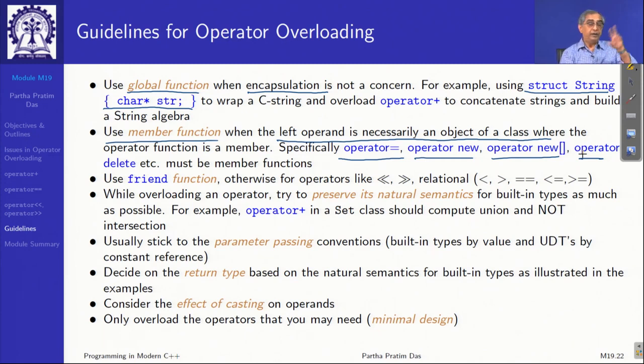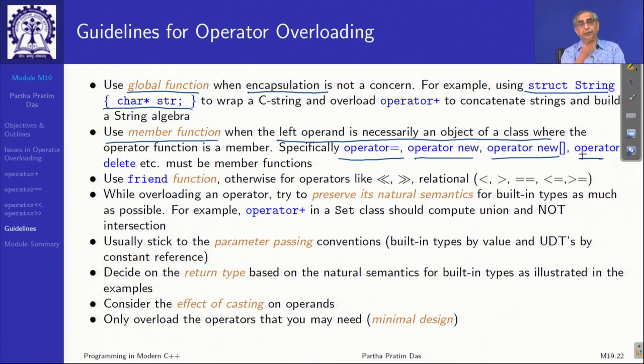You will do global if you want to keep things simple and do not have an encapsulation concern. You will have to do a member function if it fundamentally defines the behavior of your class and always will have the left operand as an object of the same class. That is a simple solution.